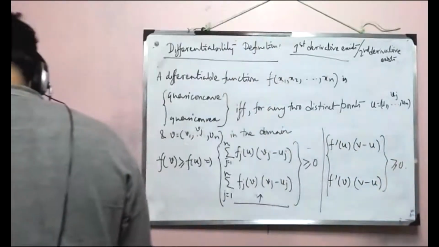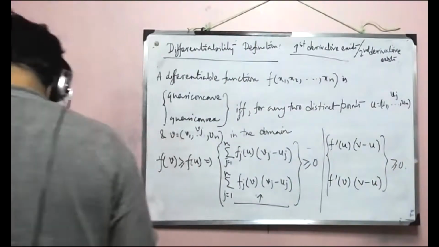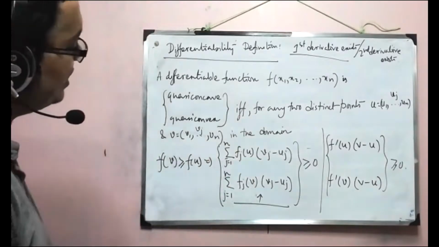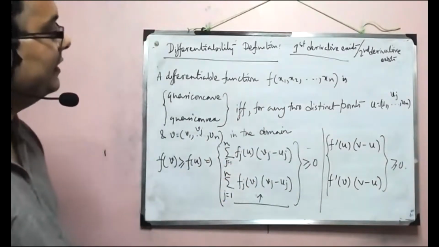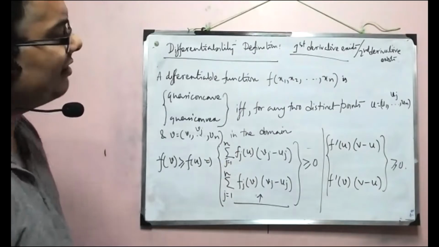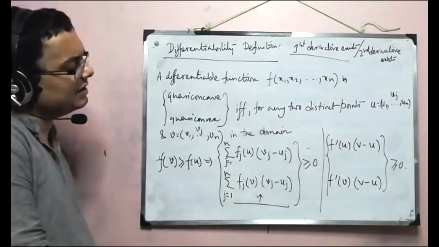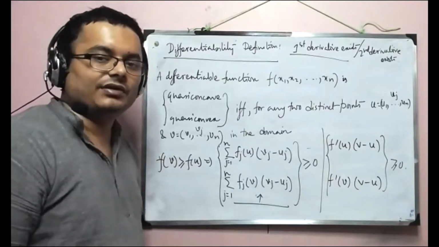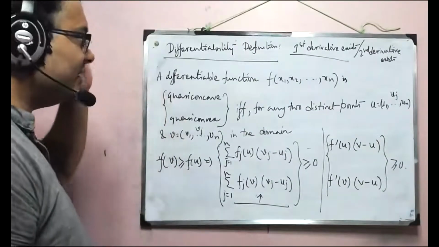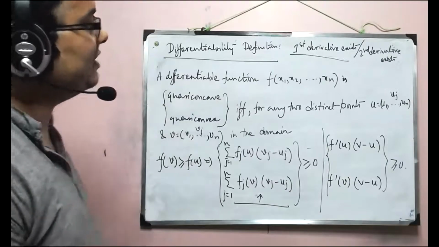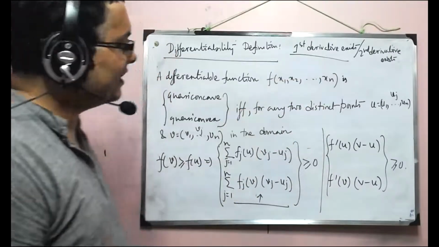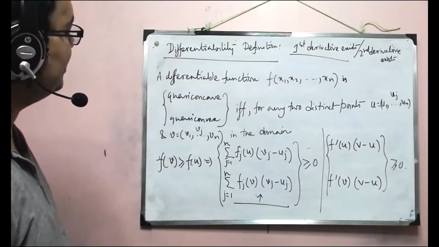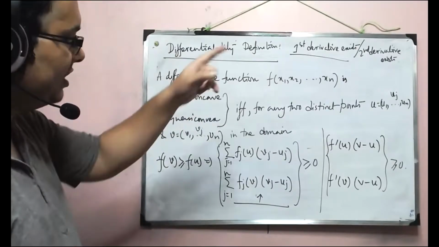So in the multivariate case, we just sum them up along the first order partials evaluated at u or v. This condition is not really very handy to use. That's why our main concentration is on the case where the second derivative exists. Also, as I said at the very outset, it will relate to the bordered Hessian.